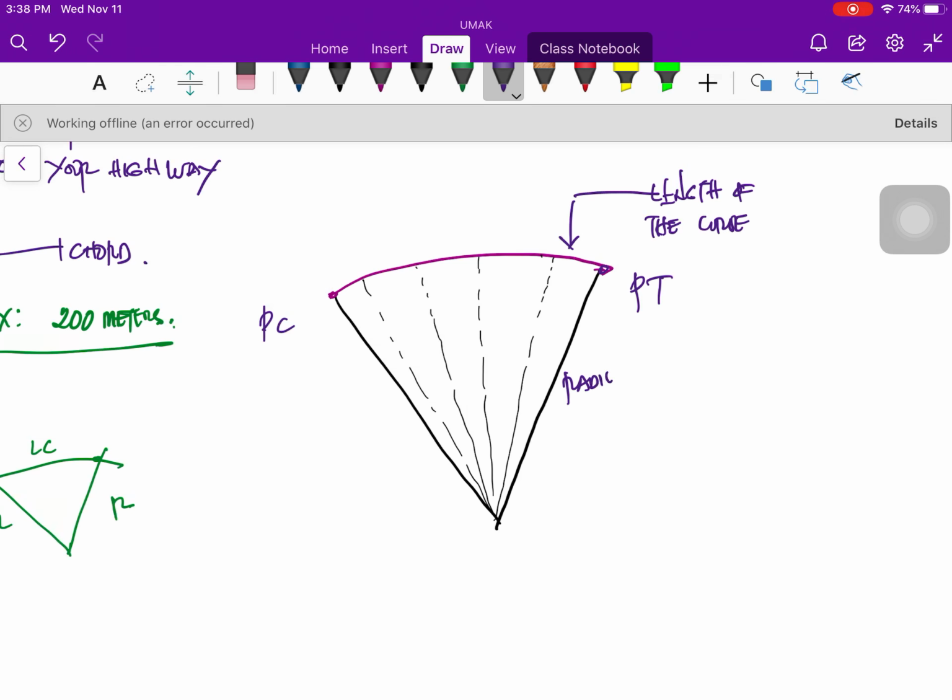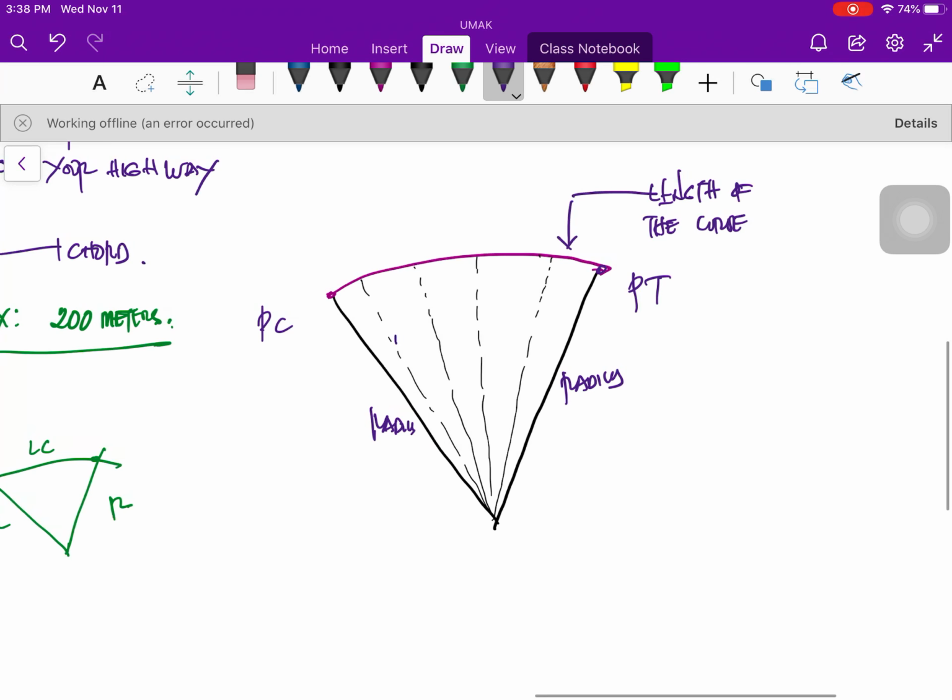This is your radius. These are also radius, because it's a segment of a circle. And it's your chord. That's how they are doing that.